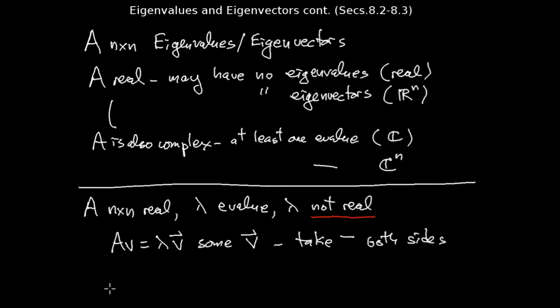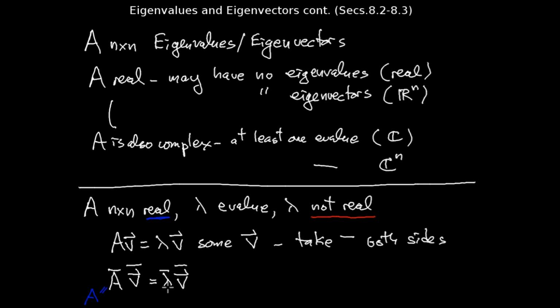A bar means you take the complex conjugate of all of the entries of A, and V bar means you take the complex conjugate of all of the entries of V, and so on. So you can clearly take the bar of both sides of this equation, and you get this equality. And I said A was real, so A bar is equal to A.